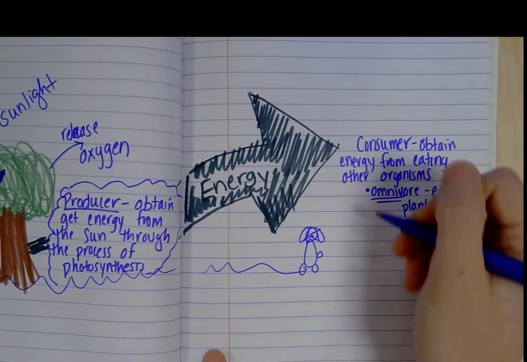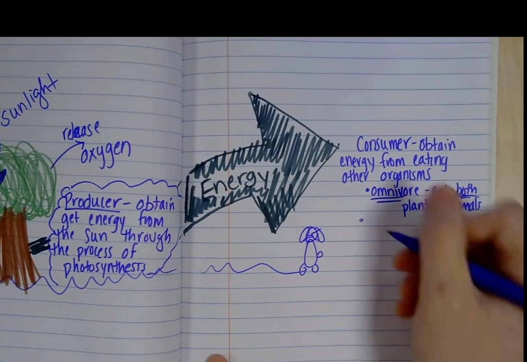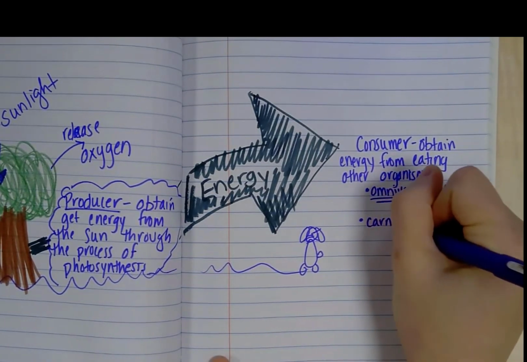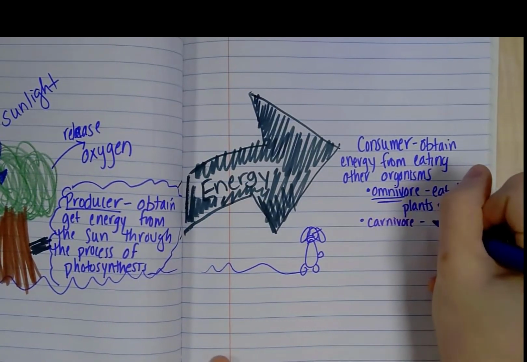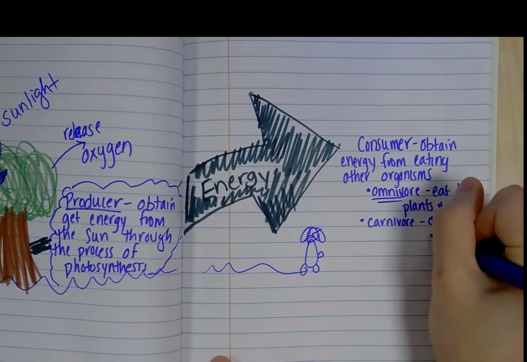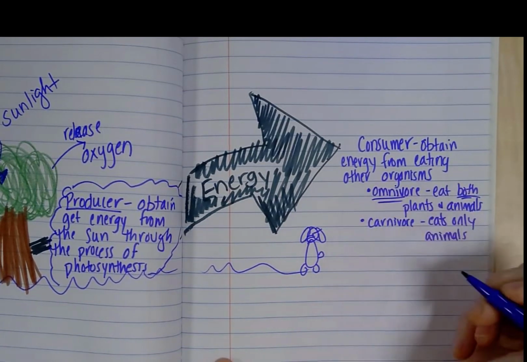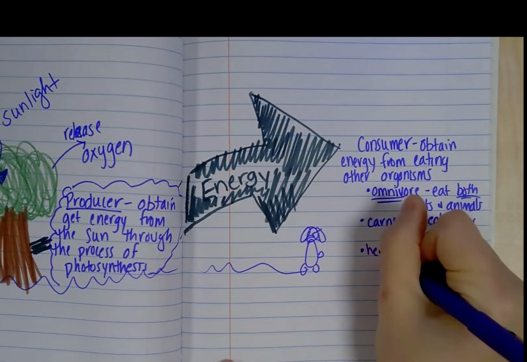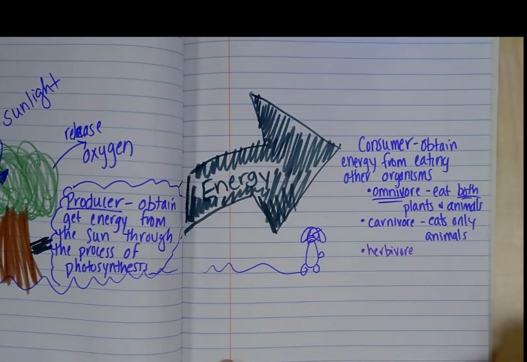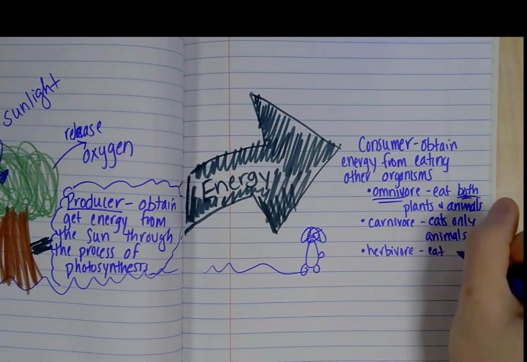However, there's also those that eat only meat. That would be a carnivore. So they eat only animals. However, there's herbivores, and the way I think of it is herb is like a type of plant, you know, like basil, thyme, that sort of thing. And herbivores eat only plants.